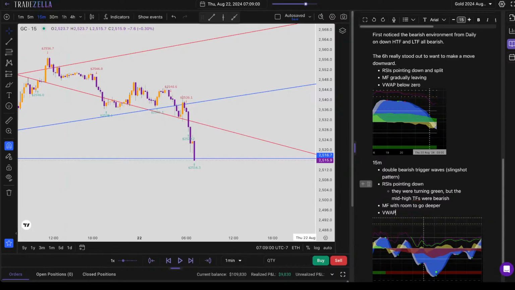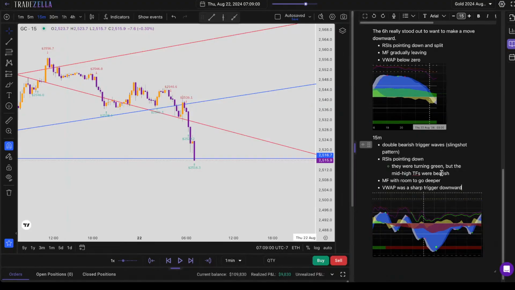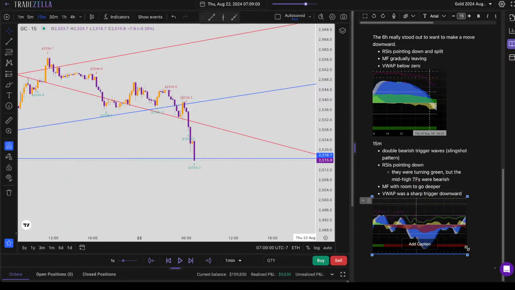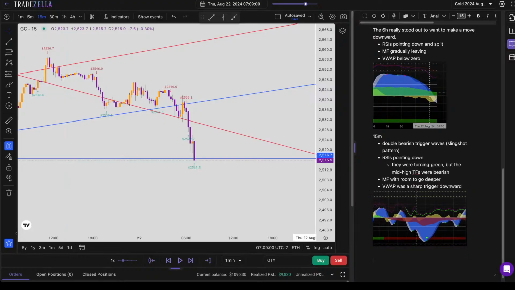And most importantly, that VWAP, the yellow. That was money. So we really like the 15 there. All right, so that's why we got in the trade.